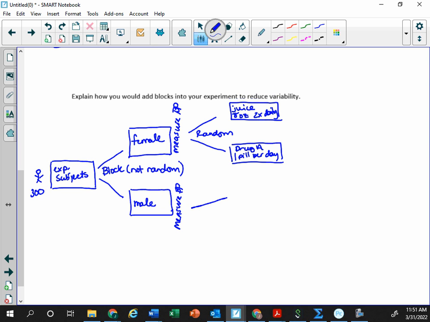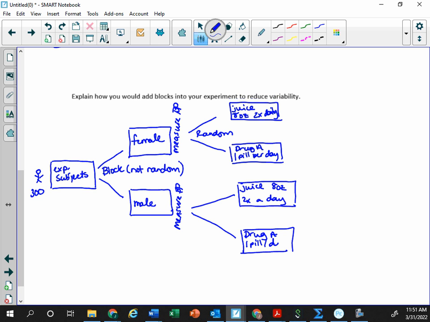And then you have to do the exact same thing down here for your male subjects. Juice, 8 ounces, 2 times a day. Drug A, 1 pill per day. This was random.